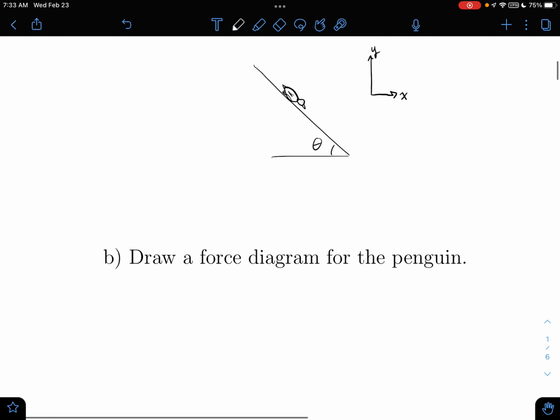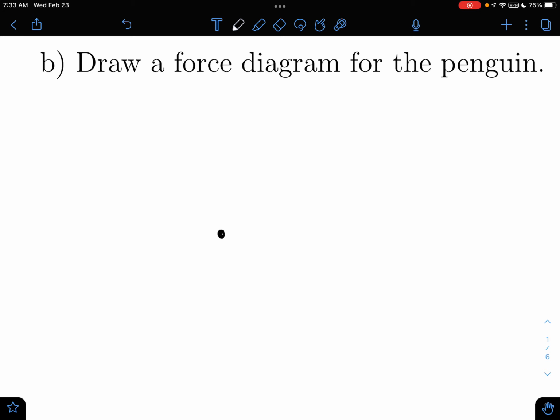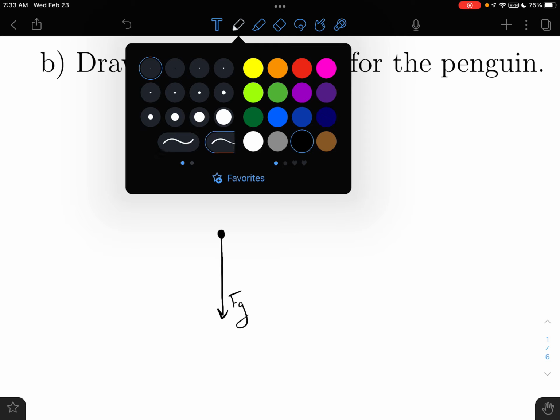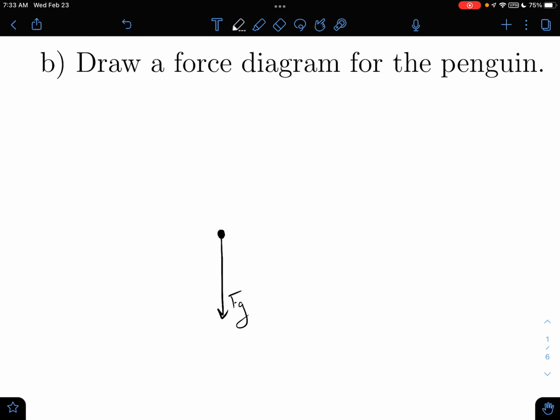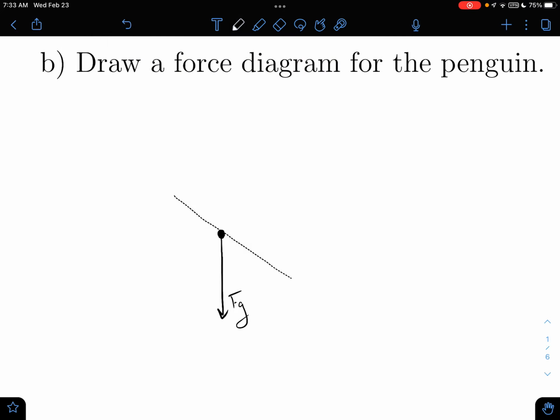So now I'm going to draw our force diagram for the penguin. I drew a lovely picture of a penguin before, and there's also a lovely picture of a penguin. So we have gravity acting down, and here's our slope that our penguin's going down, just for reference.